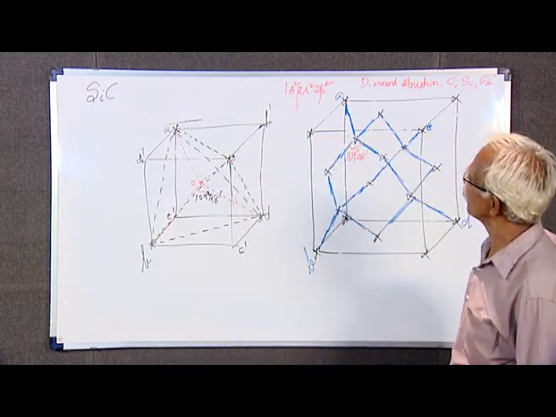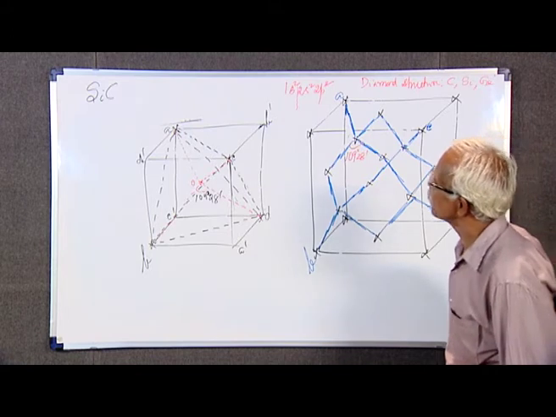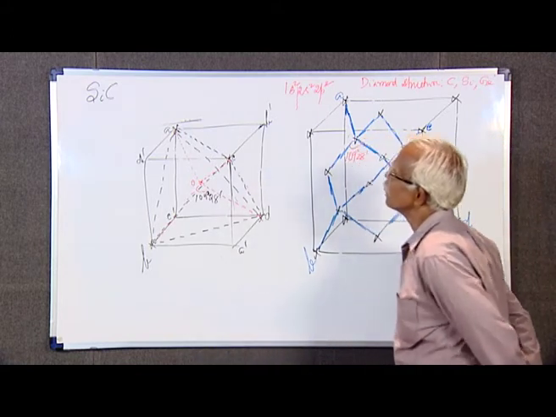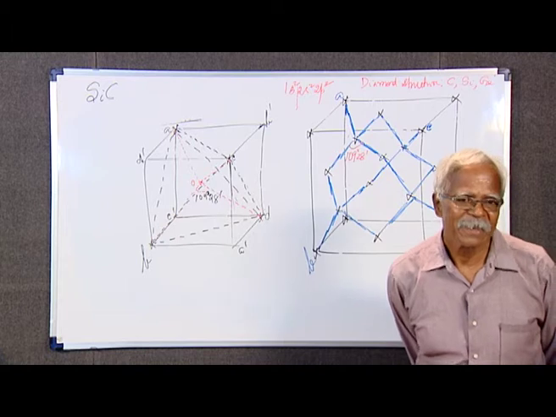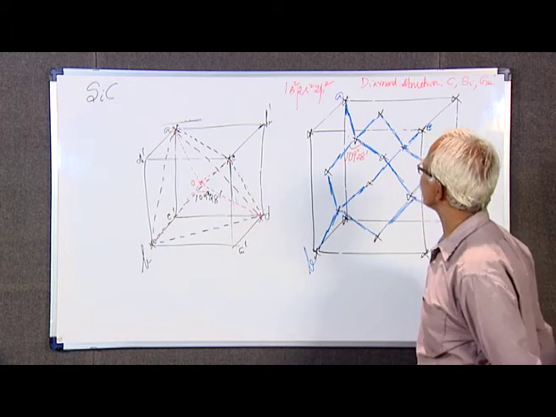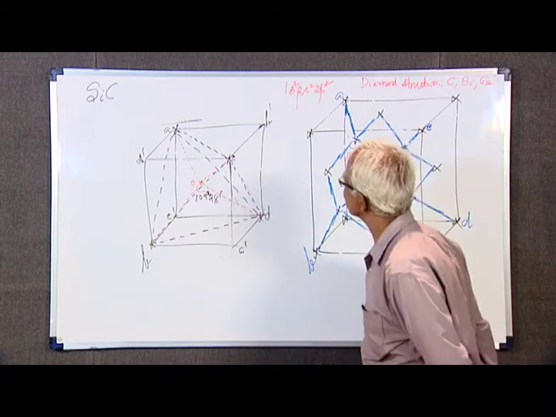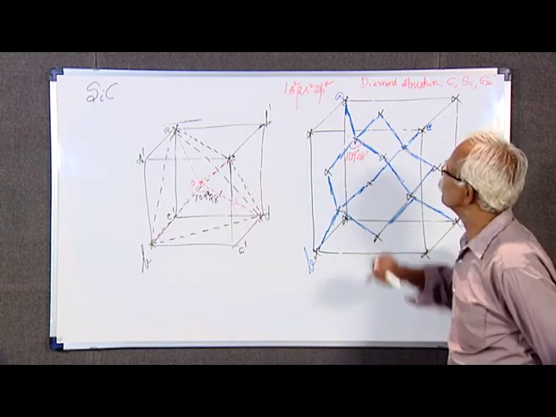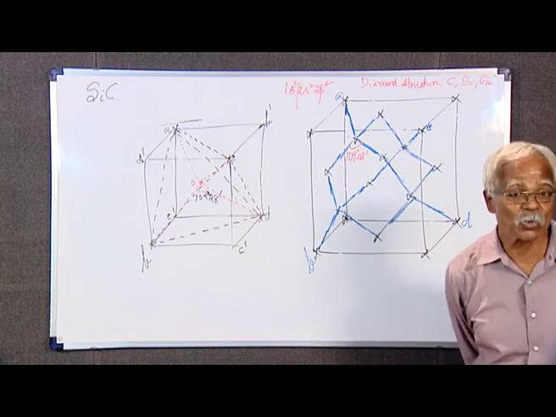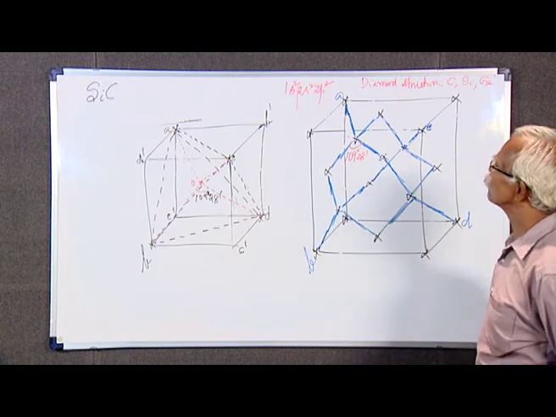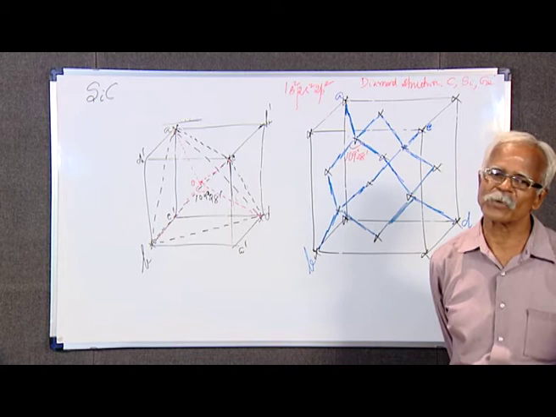Now, in silicon carbide, you have two species, silicon atoms and carbon atoms. The question naturally asked is, which of these sites should go to carbon, which of these sites should go to silicon.